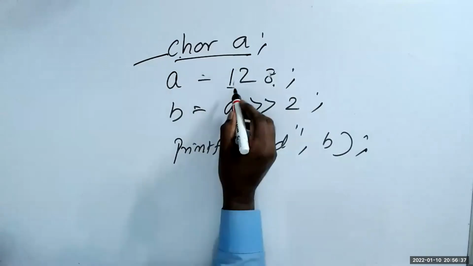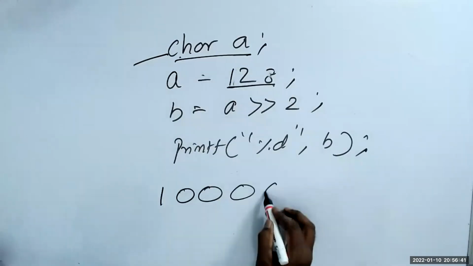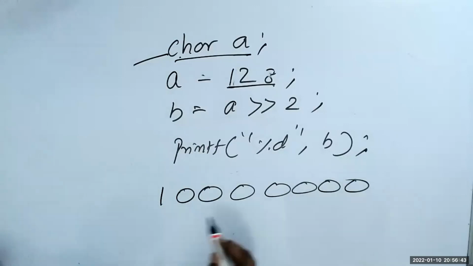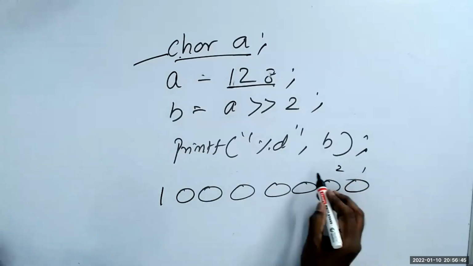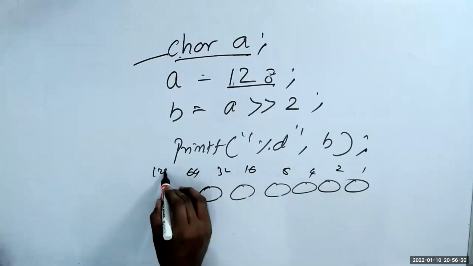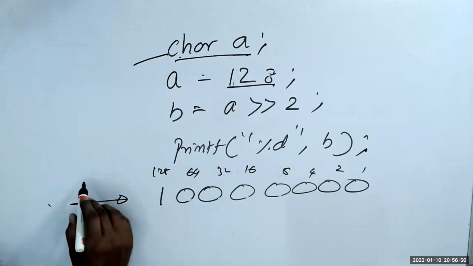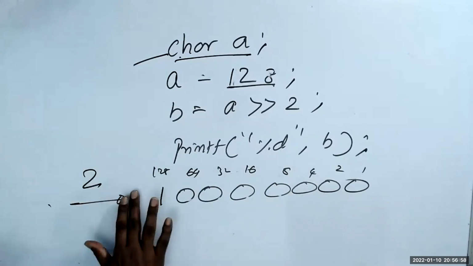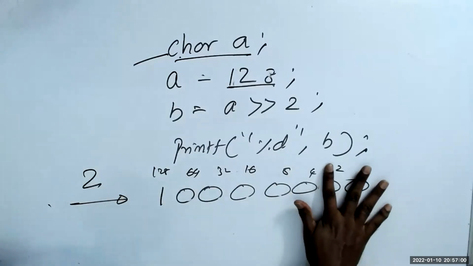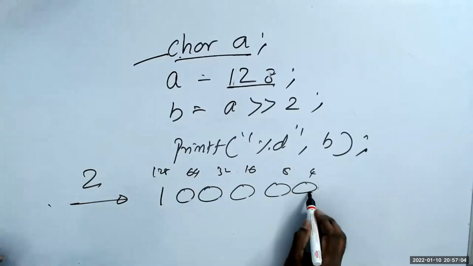Now this 128 means 1 0 0 0 0 0 0 0. This is 128. 1 2 4 8 16. Now you are trying to push right by 2. That means that these 2 are gone. This becomes 0.